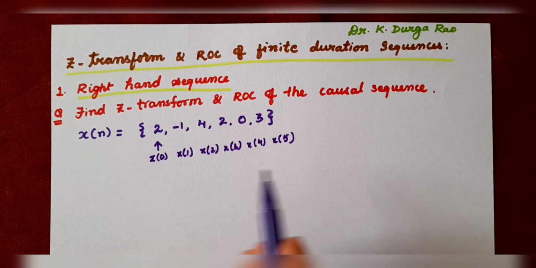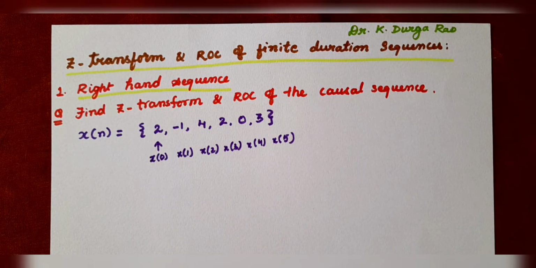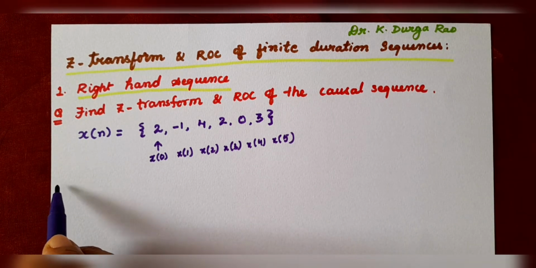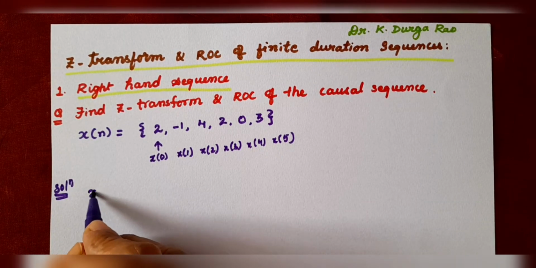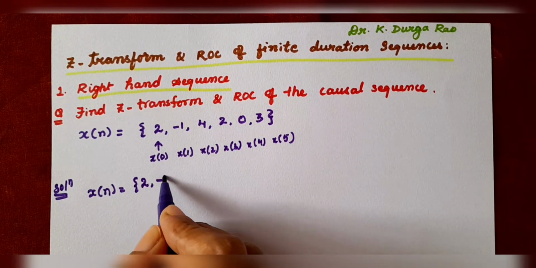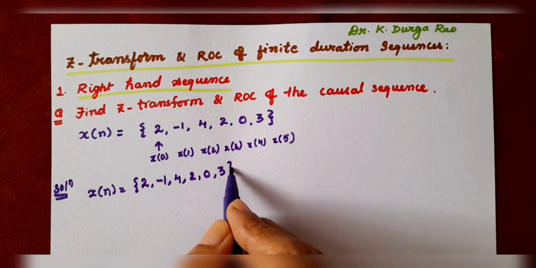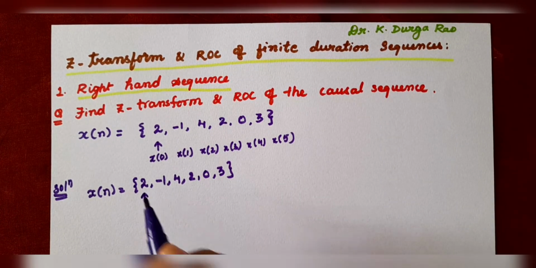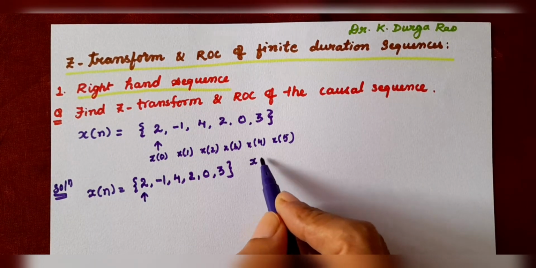So, how is the sequence? From the arrow the values are given. So, it is known as right hand sequence. Okay, let us start the solution. First write the sequence. X of n is equal to 2, minus 1, 4, 2, 0 and 3. Put the arrow at 2. Okay, it is a right hand sequence. So, what is X of 0 value?